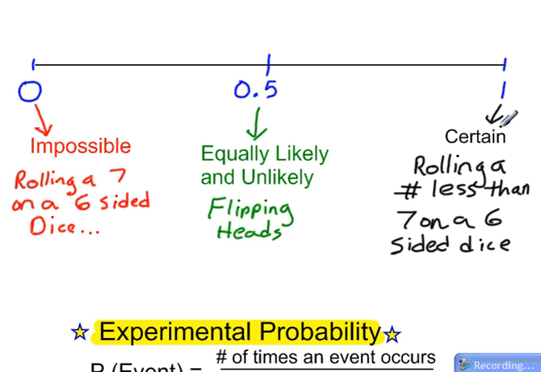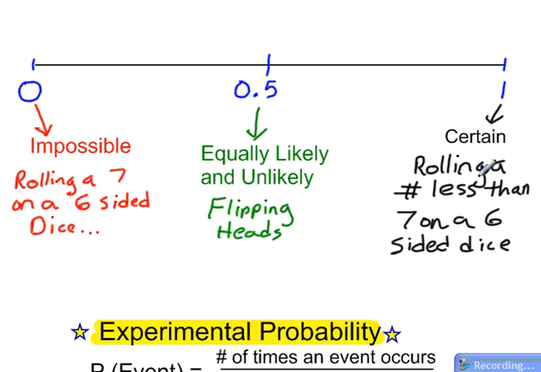The number 1: if you are certain for the probability to take place, then that means there's a 100% chance that that event will happen. Like rolling a number less than 7 on a 6-sided dice. All the numbers on a 6-sided dice are less than 7.